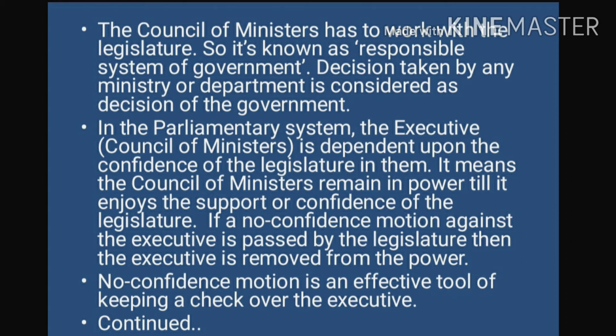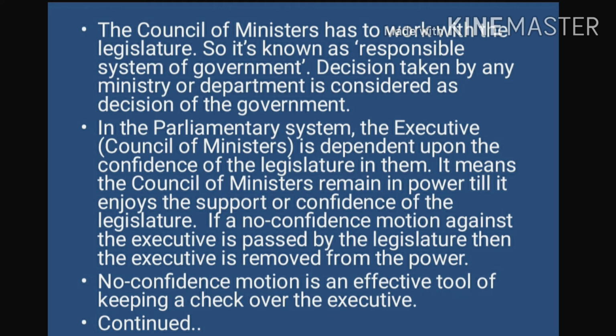In the parliamentary system, the Council of Ministers is dependent upon the confidence of the legislature. Now, whose confidence has to be gained by the Council of Ministers? Those party members who are there in the legislature. It means the Council of Ministers remains in power till it enjoys the support and confidence of the members of the legislature.